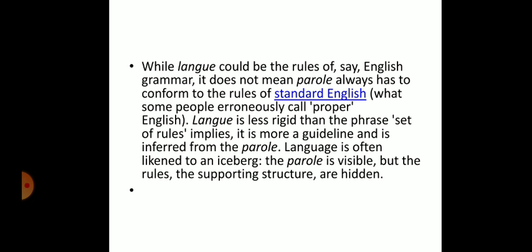Here an example has been given about standard English: you know the rules for standard English, but your parole cannot be appropriate to those rules.